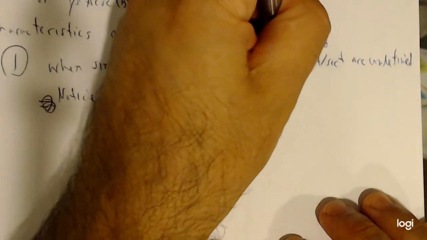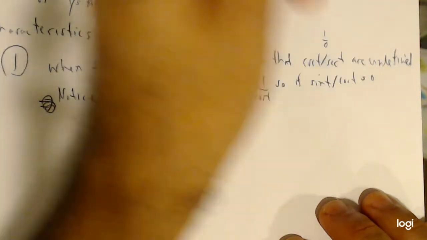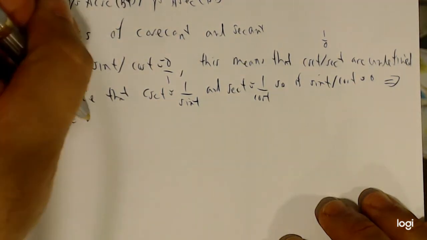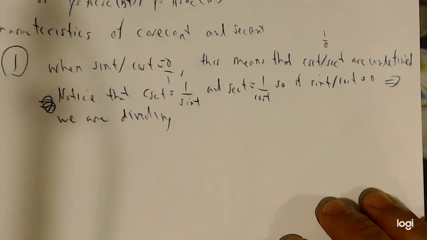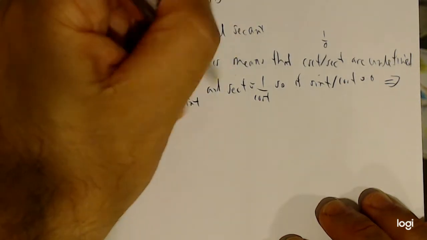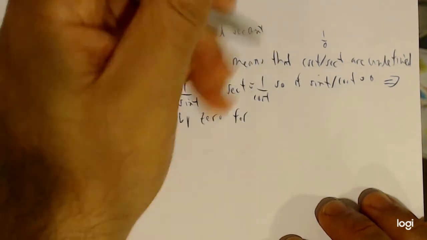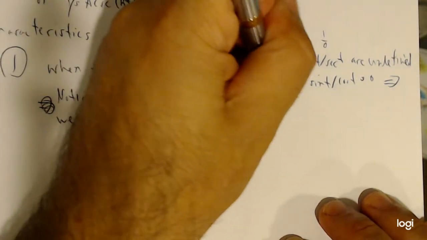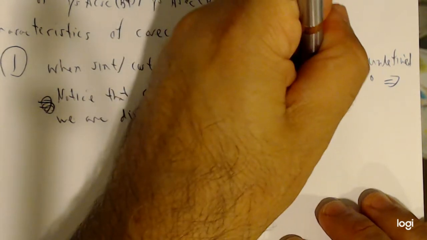So if sine of t and cosine of t equal 0, this implies we are dividing by 0 for secant of t and cosecant of t, which makes them undefined.